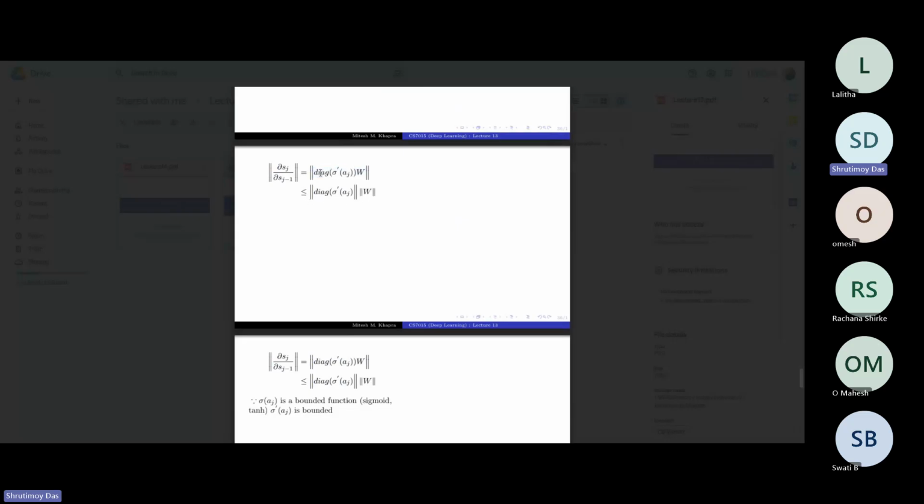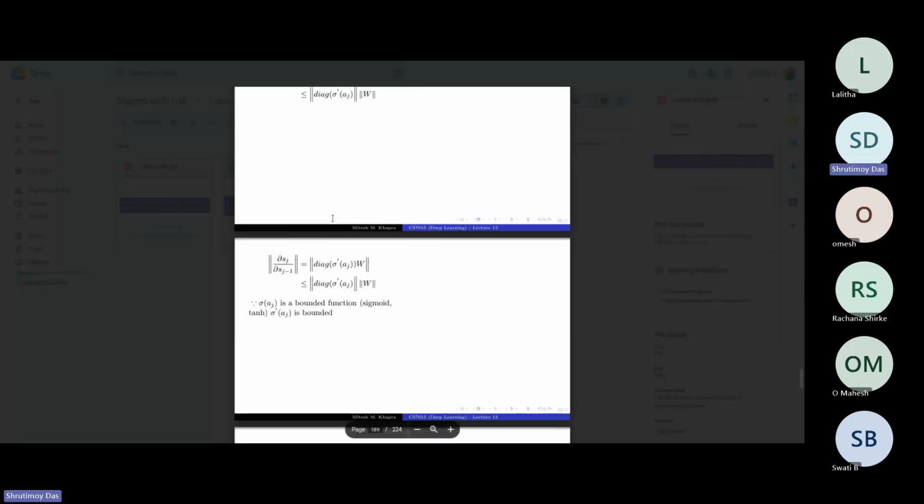That is basically, suppose you have a multiplication of two things, and that is less than the multiplication of the norms of the individual things. And now, this is a bounded function. By bounded, suppose we're talking about the logistic sigmoid function, it is between 0 and 1, right? Or tanh is between -1 and 1. So that means it is bounded, so their derivative will also be bounded, right?